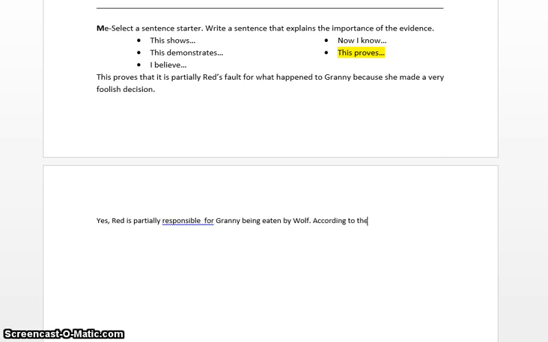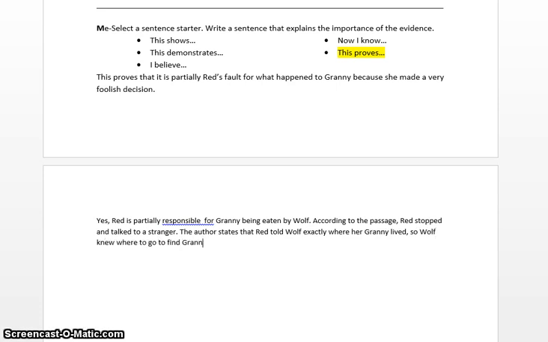According to the passage, Red stopped and talked to a stranger. The author states that Red told Wolf exactly where her granny lived, so Wolf knew where to go to find Granny.